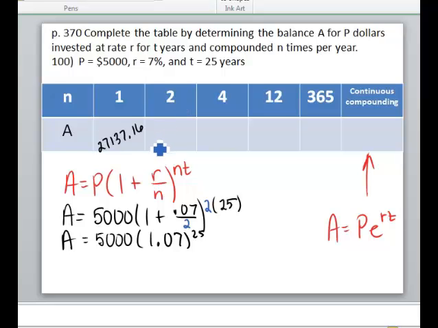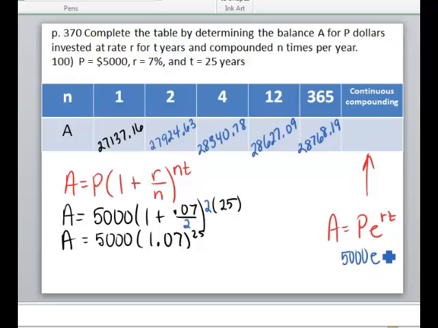Finishing off this table, the answers would be $27,924.63, $28,340.78, $28,627.09, $28,768.19. Compounded continuously, the way you'd put this in is 5,000 for your principal, e to the 0.07 times 25.